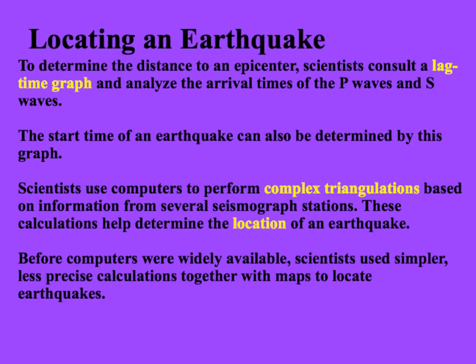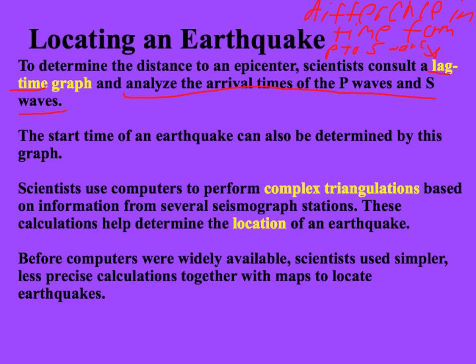By taking a look at the amount of time between the P wave and the S wave, so we analyze the arrival times of the P and S waves, we come up with something called lag time. And lag time is the difference in time from the P to the S wave.